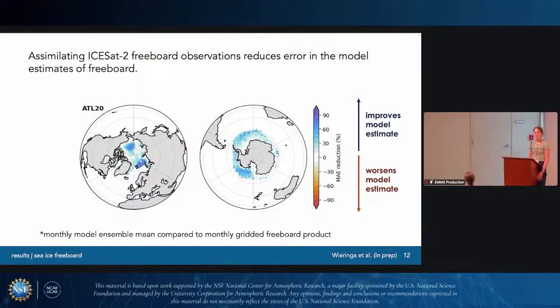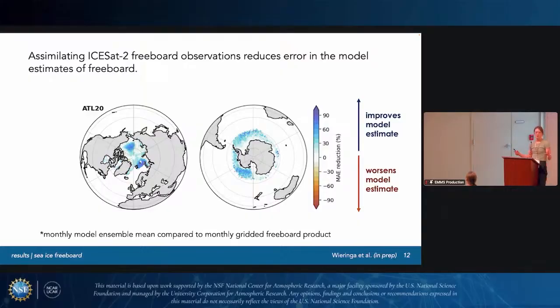Here I'm showing you the percent mean absolute error reduction compared to an unconstrained model ensemble mean when we use a particular freeboard validation product, which is the ATL20 available from NASA. What you should focus on here is that blue colors indicate that we're reducing the error in our model by assimilating these observations. Red colors indicate that we're increasing the error in our model by doing so.